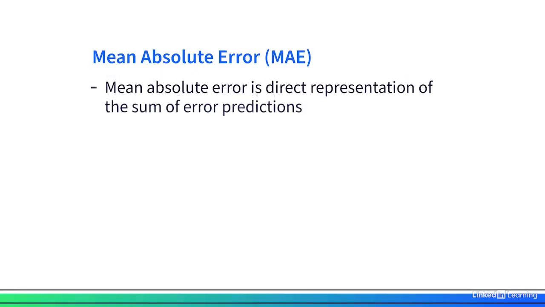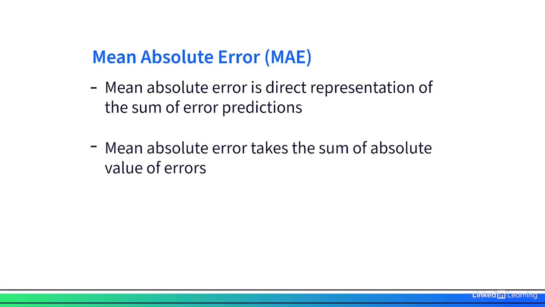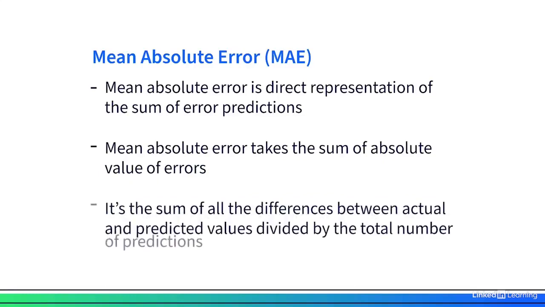Mean absolute error, or MAE, is much like mean square error. However, mean absolute error is a more direct representation of the sum of error predictions. It takes the sum of the absolute value of errors. Simply put, it's the sum of all the differences between the actual and predicted values divided by the total number of predictions in the dataset.